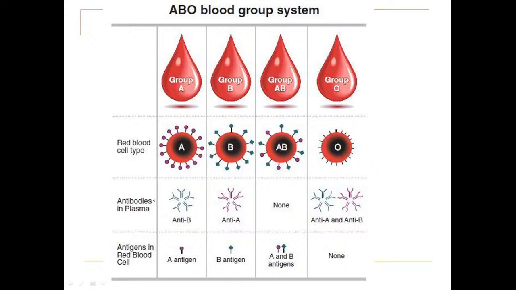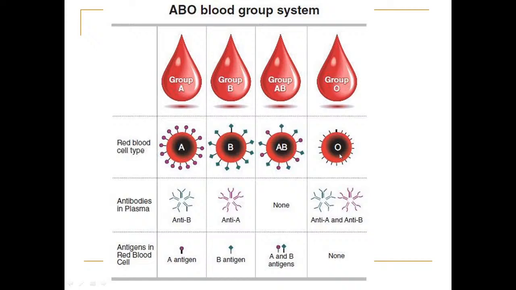And in every group, there are also antibodies that circulate in blood plasma. In group A, there are antibodies against B antigen. In group B, there are antibodies against A antigen. In group AB, there are no antibodies.